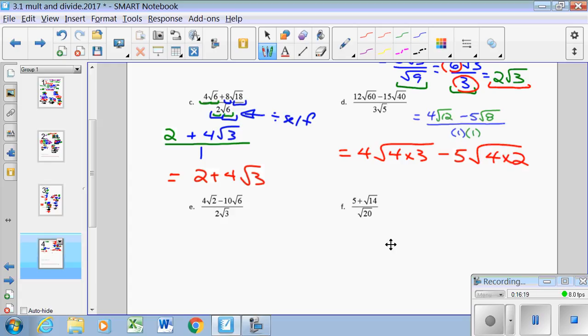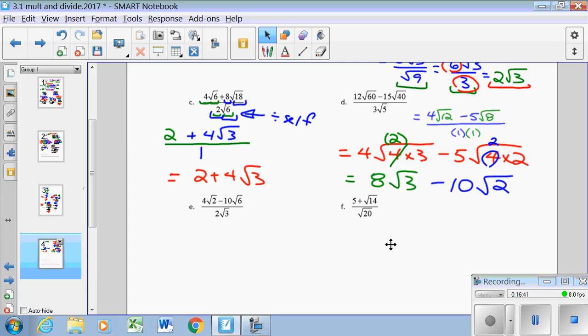Or if we want to simplify, instead of going 4 times 2, I'm going to write 8 square root 3. This will be 5 times 2 is 10, root 2. So that is our answer: 8 root 3 minus 10 root 2. That is done. There are only radicals in the top of the fraction. In fact, the bottom of the fraction is actually gone.